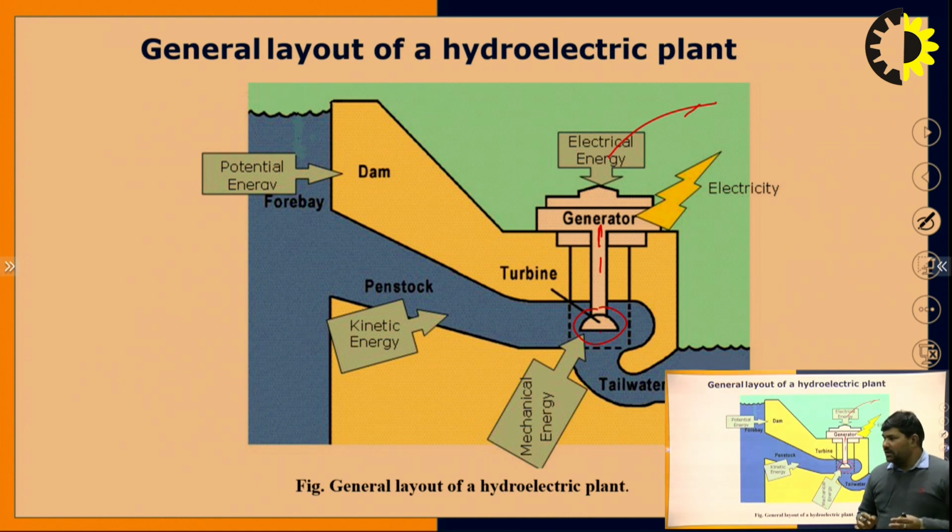In the hydraulic power plant, you can see this general layout. In this figure you can find the dam, where a huge amount of water is stored, and these are available in hill areas. The purpose of hill areas is that the water comes from upper to lower.